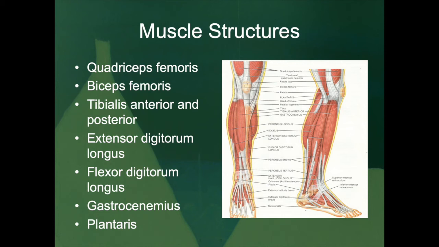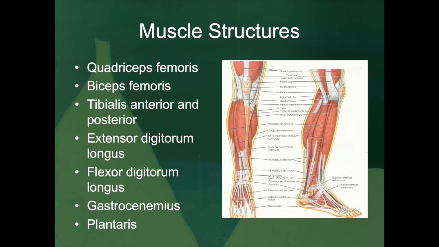In this case, the origin that we'll associate with the biceps femoris is the long head, which is going to arise from the ischial tuberosity of the pelvis. So think about that posterior and more inferior portion of the pelvic region, and one of three important parts for the development of the pelvis. So the ischial tuberosity. And then the short head is going to arise from the linea aspera of the femur.